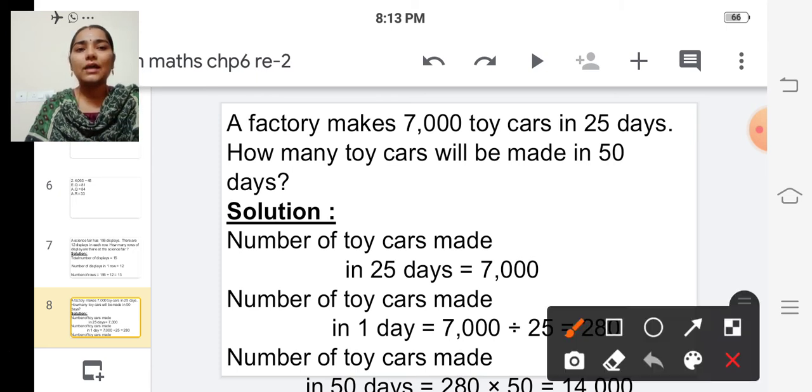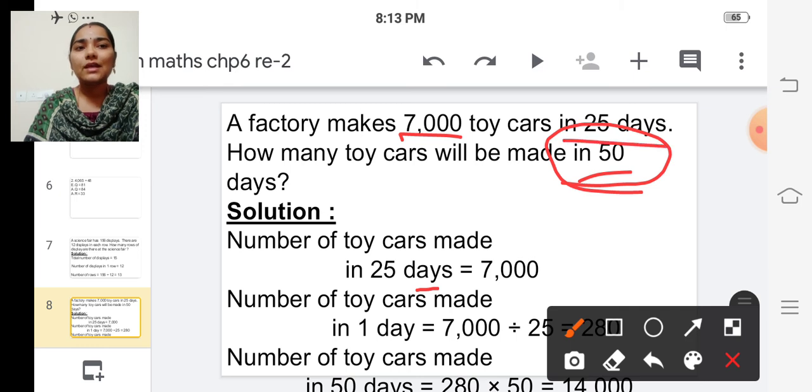The number of toy cars made in 25 days is 7,000. So from the first step we have to find out in one day how many toy cars they will make. So that only we can find out in 50 days how many toy cars they will make. To find in 50 days how many toy cars will be made, we need to find out in one day how many toy cars they will make.